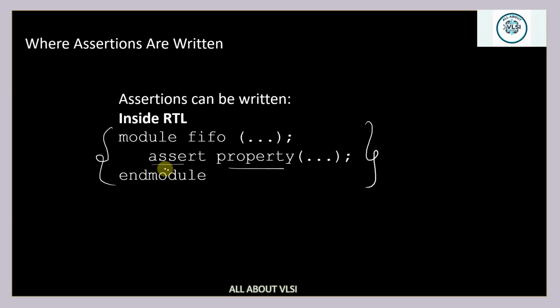Assertions, don't think of it as complex terminology. It's nothing but a kind of condition checking. It checks whether the given condition is passing or failing, and it continuously monitors it.